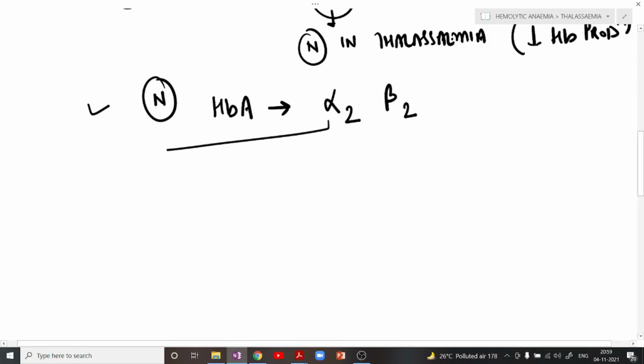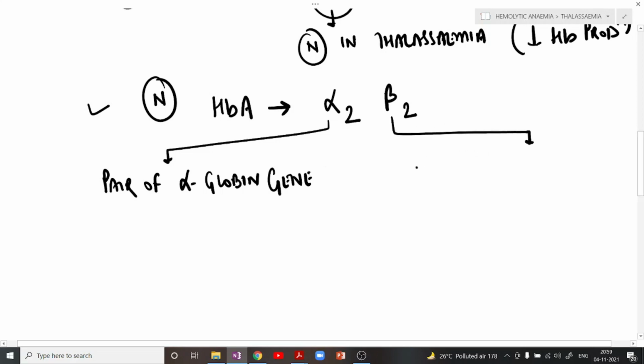The alpha chain is normally synthesized by a pair of alpha globin genes, whereas the beta chain is synthesized by, sorry, not a pair, but a single beta globin gene.